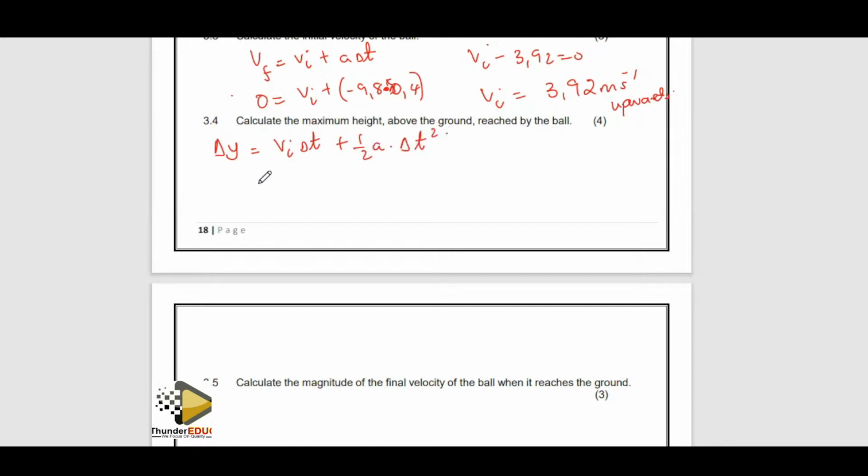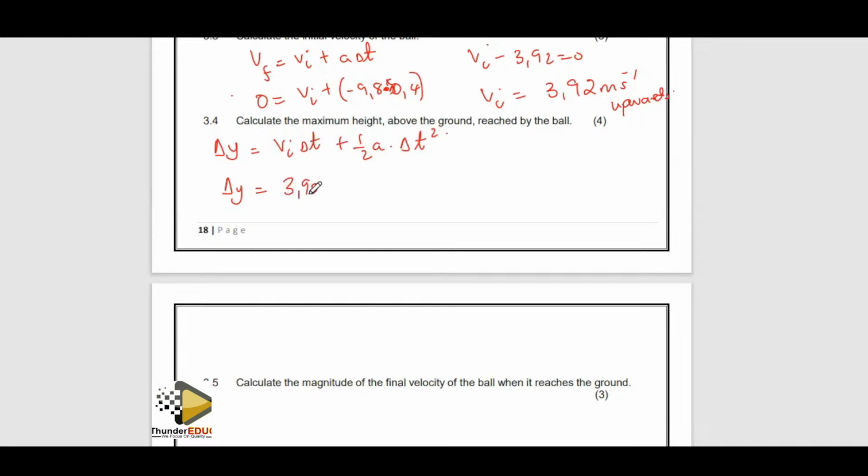I think this can work. So they want the maximum height above the ground, so we're looking for delta y. So what is our initial velocity? We got it as 3.9.